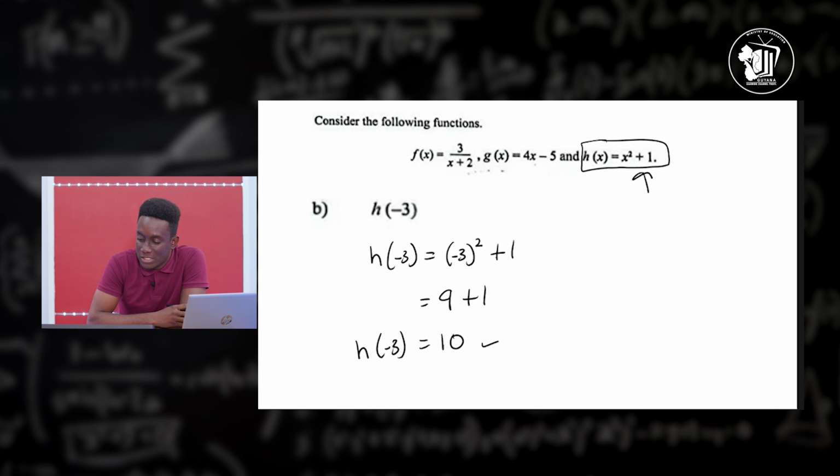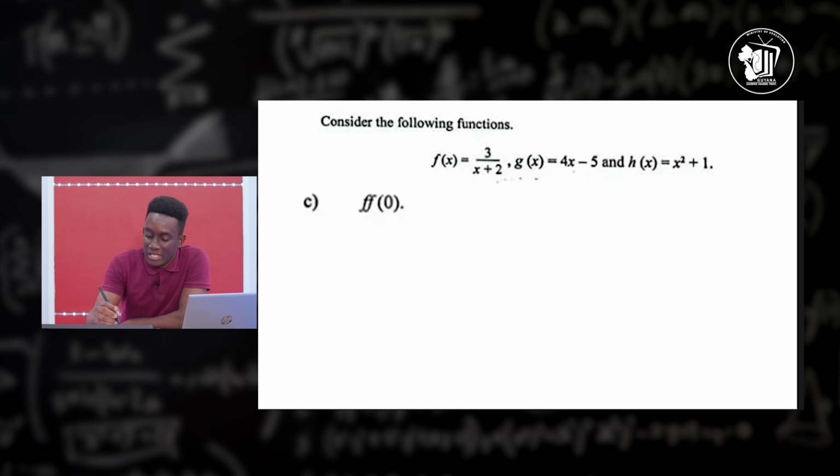The next one says, we have the same set of functions. Now they want us to find ff of 0. What ff of 0 is saying is that we're taking the function f of 0 and putting it inside the function f. So the first thing we need to do is find f of 0.